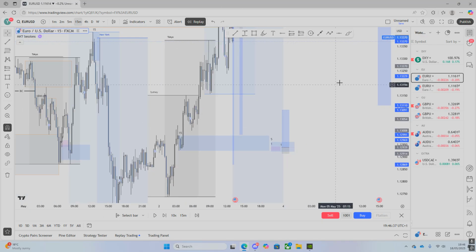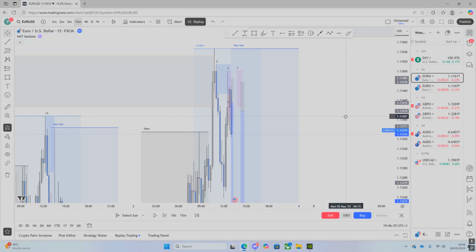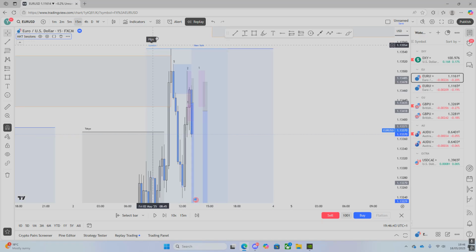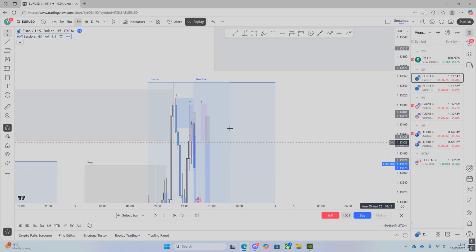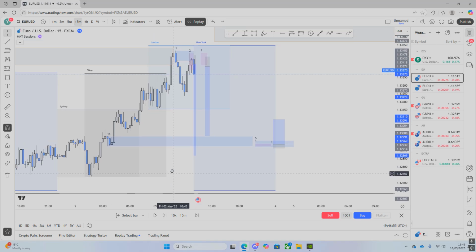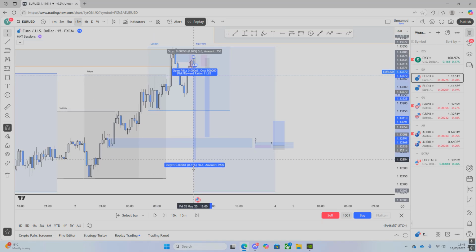So this trade took place in London/New York. Since it's still London, I'd aim for Tokyo, which is the previous session. Tokyo, Asia, same thing. I would have aimed down here, but I feel like it's quite far down, so I'll aim here.